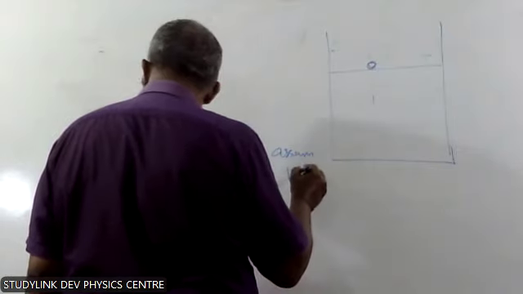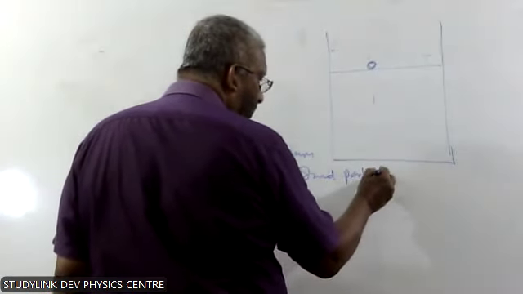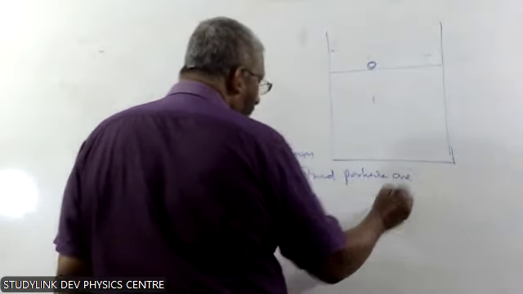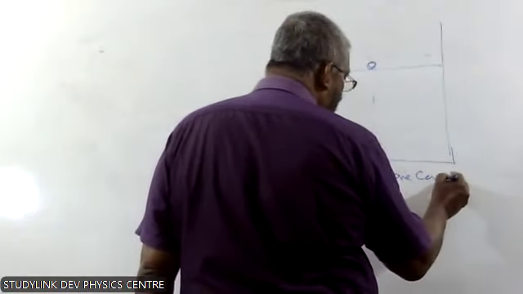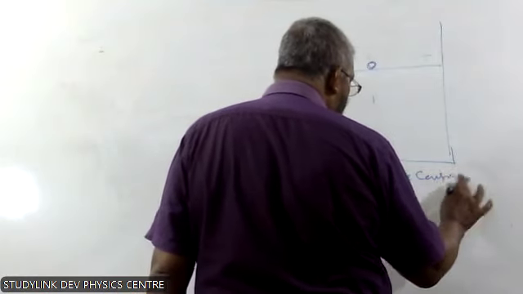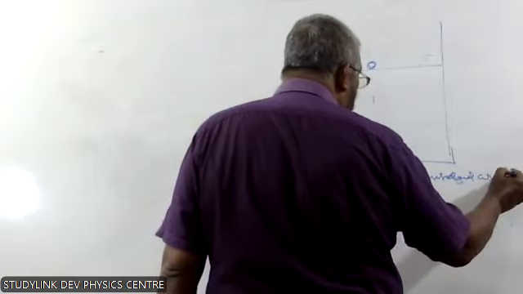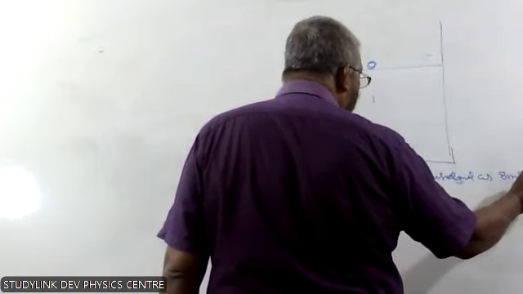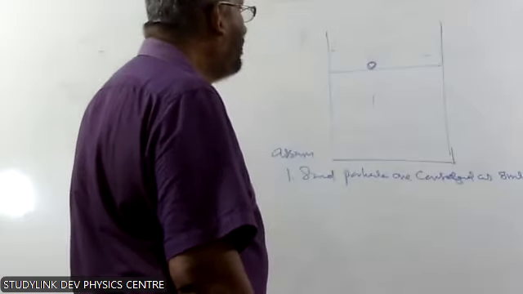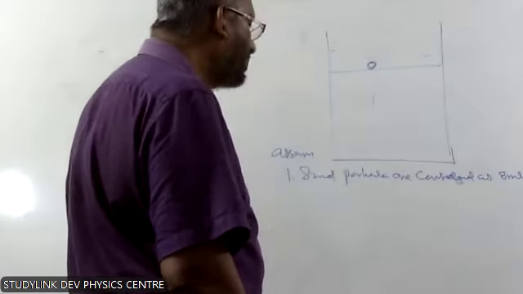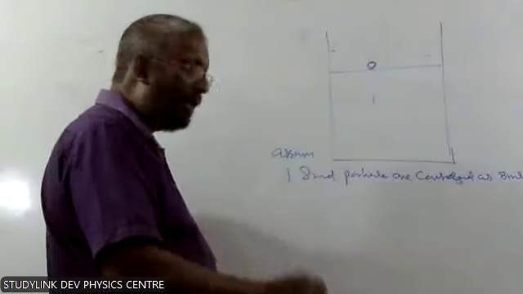Sand particles are considered as small spheres. Spheres, note down. I will give another clue, but I'll explain after this.